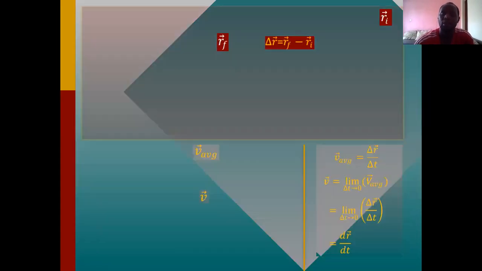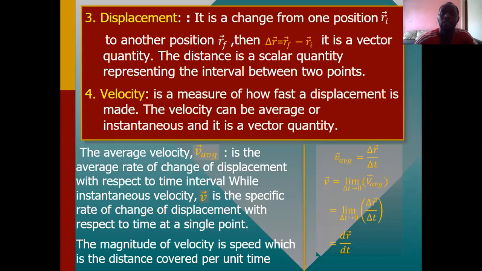The third definition is displacement. The displacement is the change from one position to the other position. It means that the object is moving.